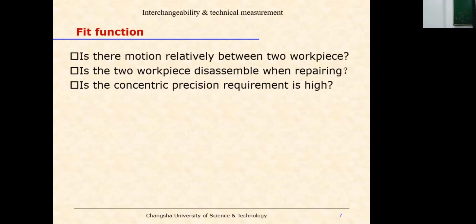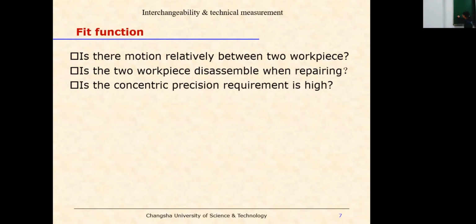So what's concentricity? This is the hole. This is the shaft. This is its axis line, its center line. It rotates very quickly.